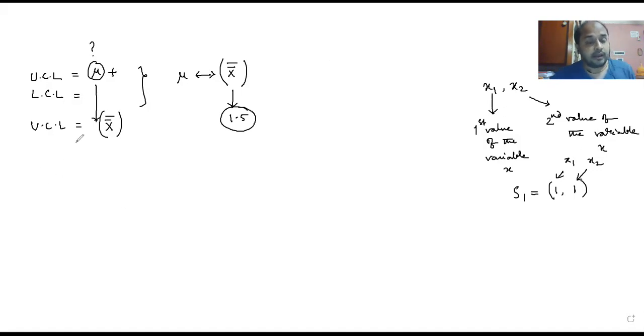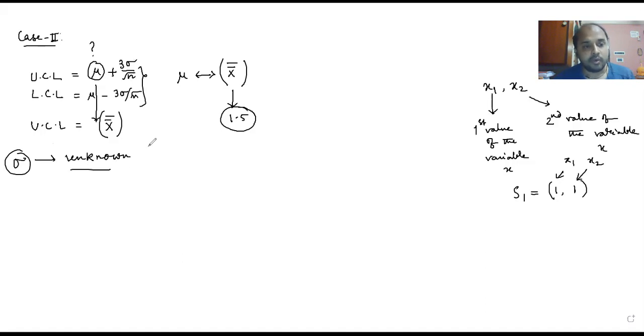Now, we are dealing with case 2, remember. In this case 2, another thing required for UCL and LCL is sigma. If you can recall, it is mu plus 3 sigma by root n, and mu minus 3 sigma by root n. This sigma is also unknown. We do not know anything about sigma.